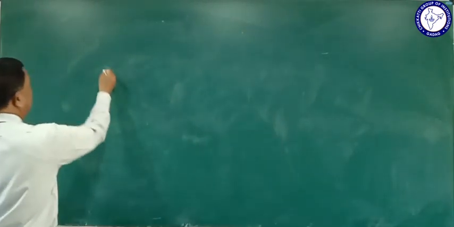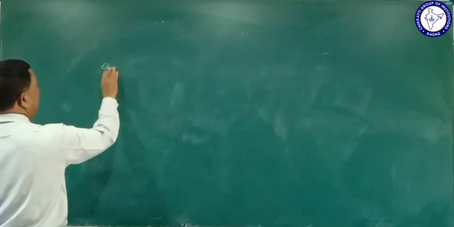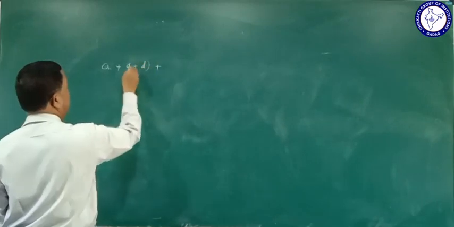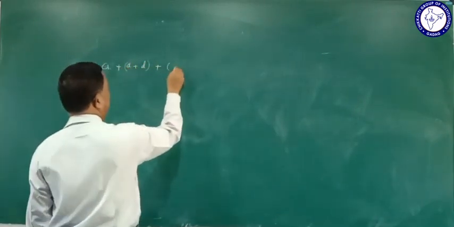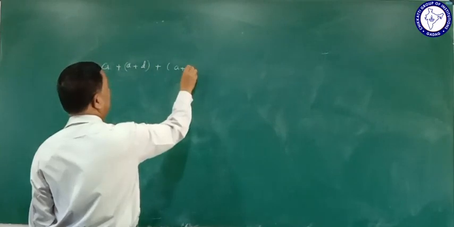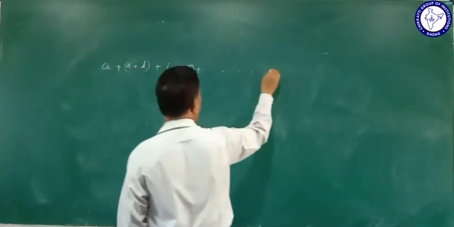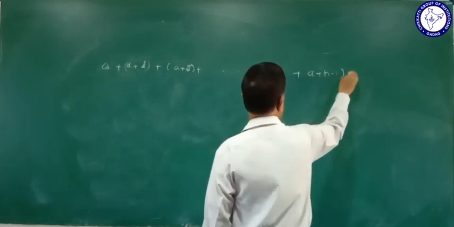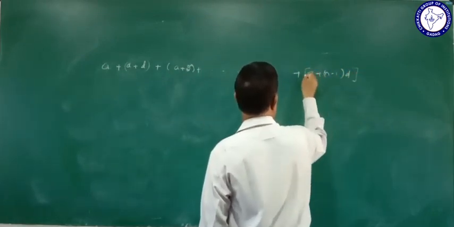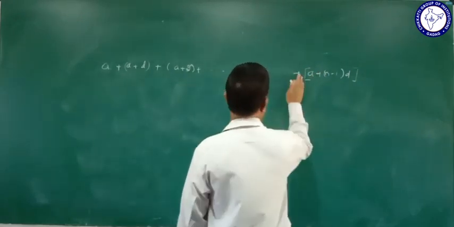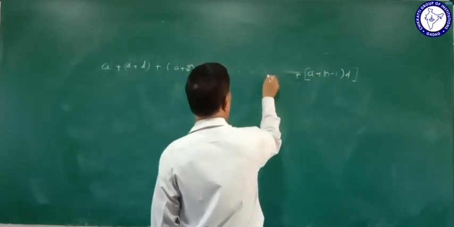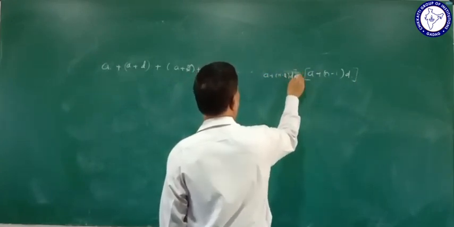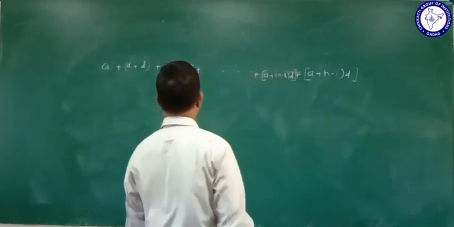You know that the AP is a, the first term; a plus d, the second term; a plus 2d. So go on writing, what is the last term? a plus n minus 1, bracket complete, into d. This is the last term, called the nth term. Even if you want to write, you have a plus n minus 2 into d. This is the last but one term. So like this.